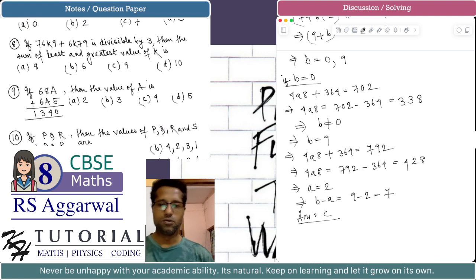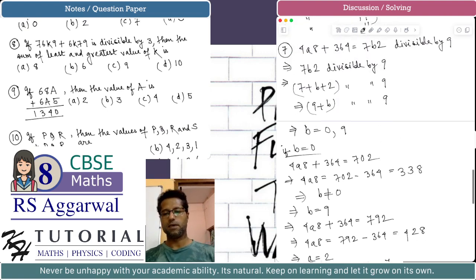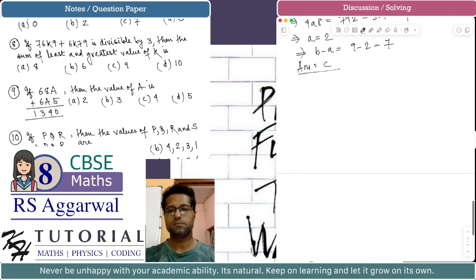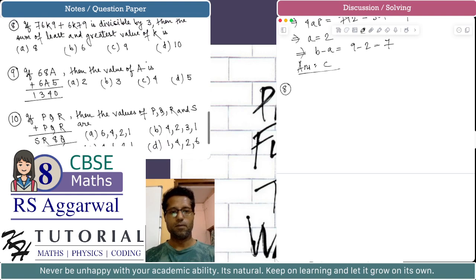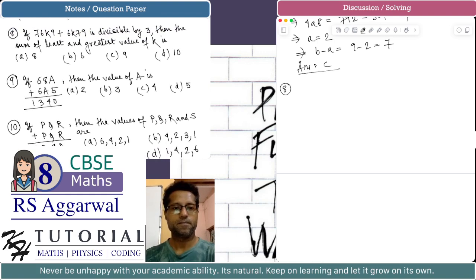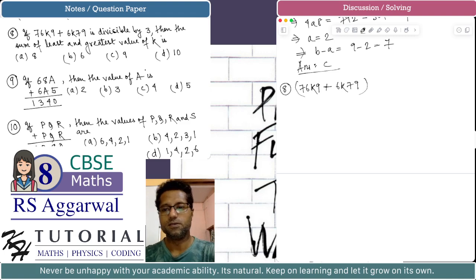Okay, let's do problem number 8. Problem number 8 says it is given that the 4-digit number 76K9 plus the 4-digit number 6K79 is divisible by 3.